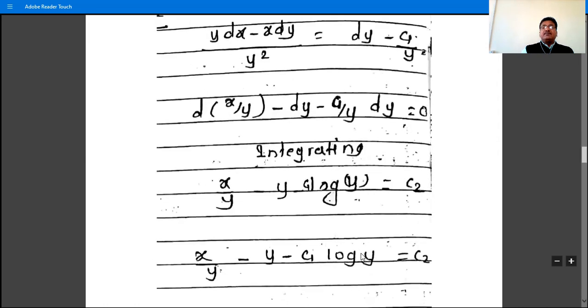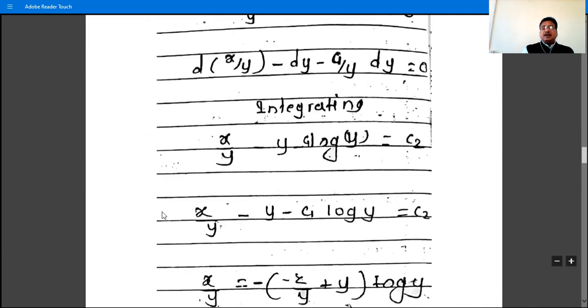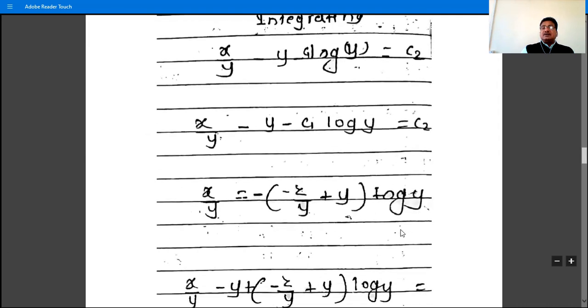Integrating, the integration of d(x by y) is x by y, minus the integration of dy is y, plus c1 times the integration of 1 by y, which is log y, equal to c2, a constant of integration. Therefore x by y minus y plus c1 log y is equal to c2.